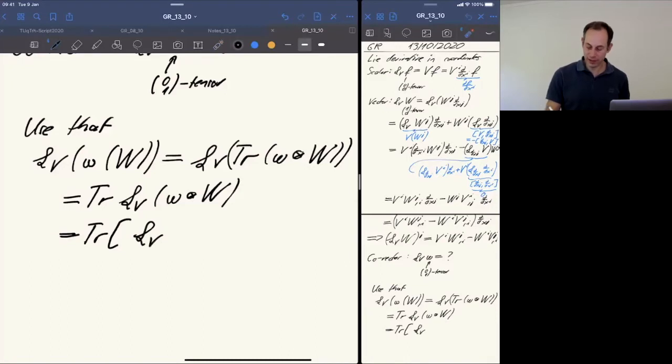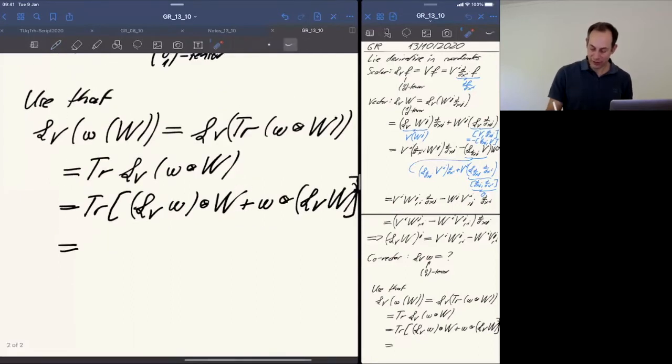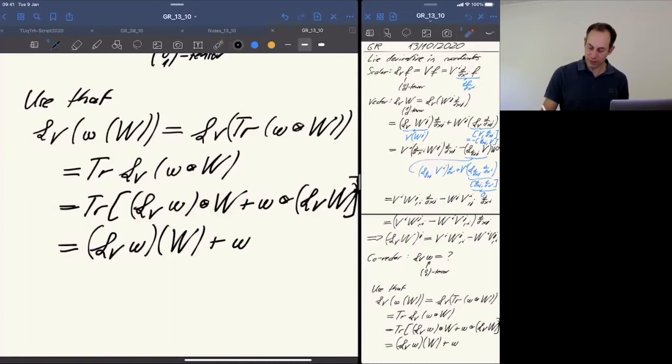We apply L_V first to omega and don't do anything with W. And then we keep the omega and apply the Lie derivative to the W. And the whole thing is in this bracket over which the trace acts. Now we essentially evaluate the trace. The trace will again just say apply this first part to the second. So what we are left with is the Lie derivative of omega applied to W plus omega applied to the Lie derivative of W.